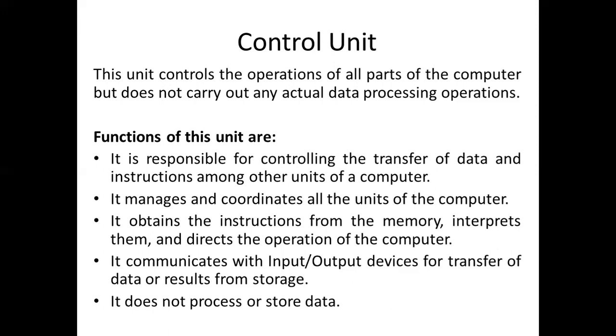It is responsible for controlling the transfer of data and instructions among the other units of the computer. So it controls which data comes, which instructions come, how we transfer them, which one needs to go to the RAM, which one needs to go to the hard drive, which one needs to be executed, and all that.